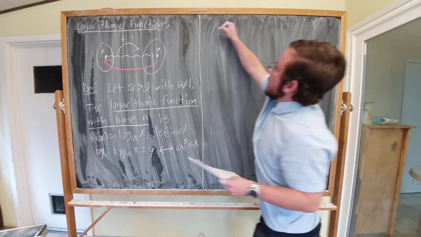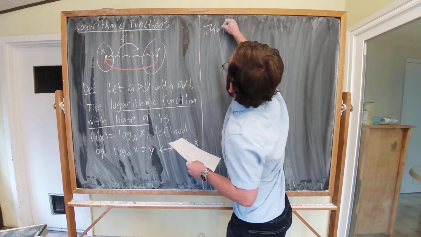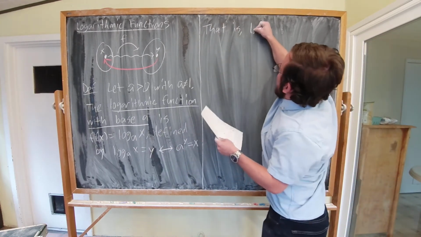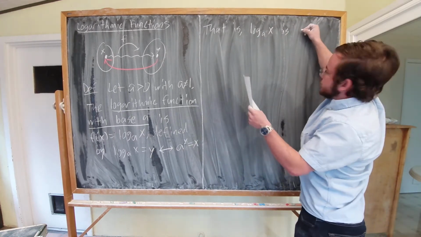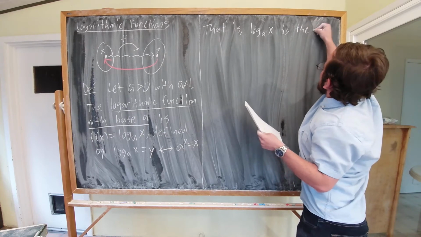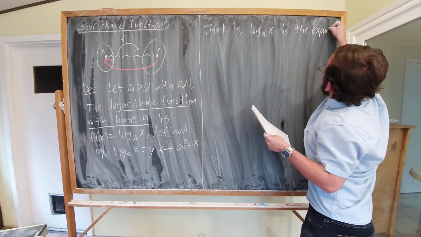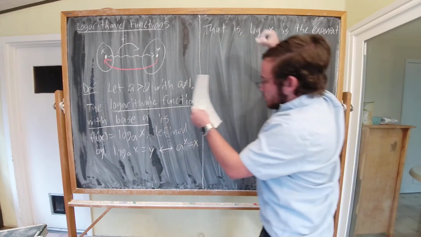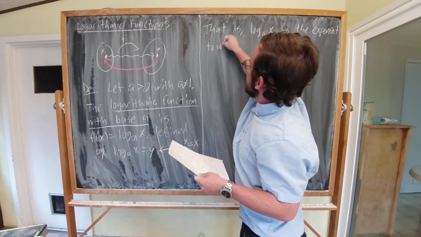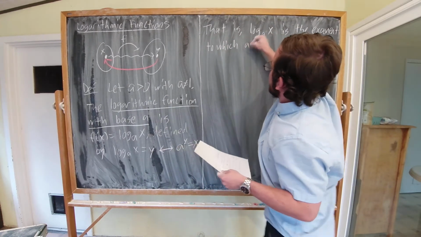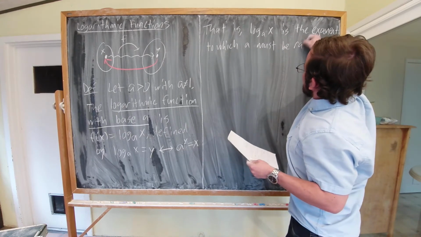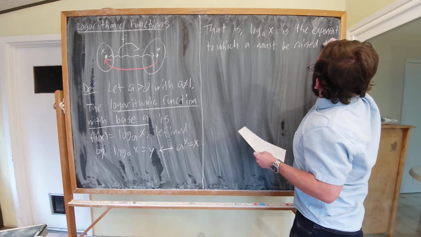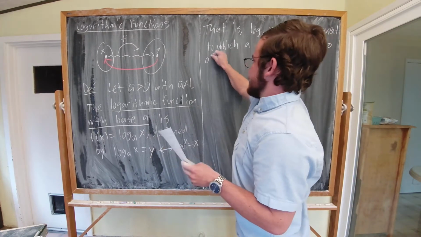Alright, so, in words, log base a of x is the exponent to which a must be raised to obtain x.